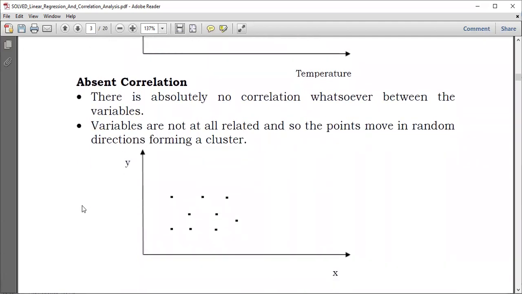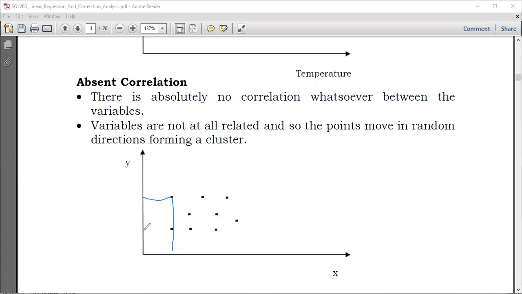When we say absent correlation, we mean that there is no relationship whatsoever, no correlation, no association at all. For example, if you see here, we have variables y and x. When y equals this point, x equals this value.